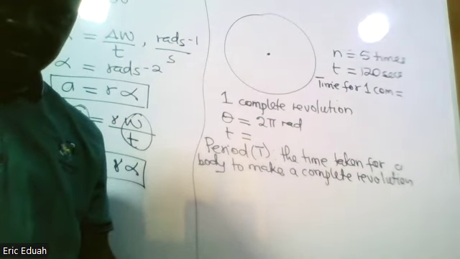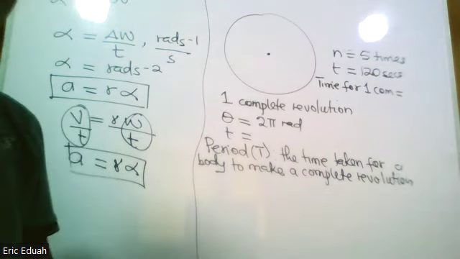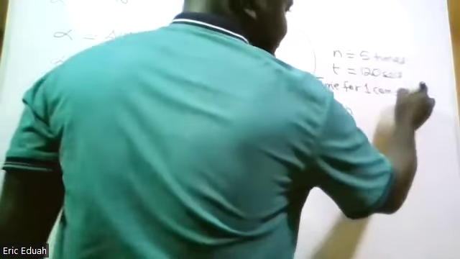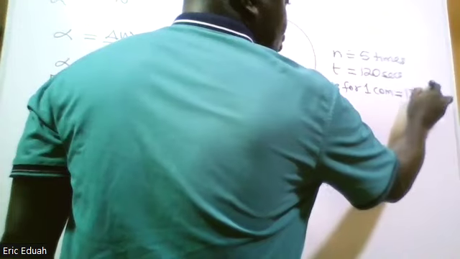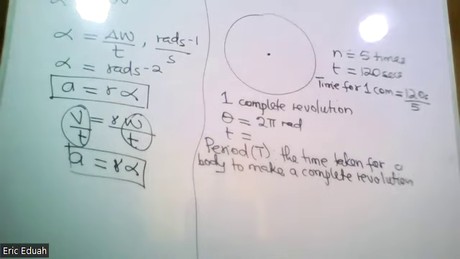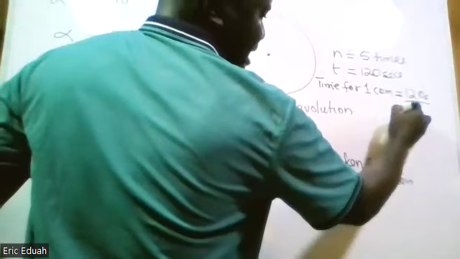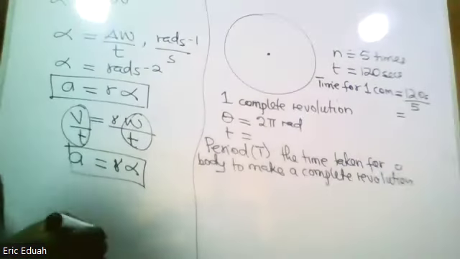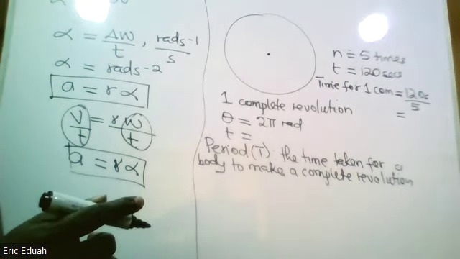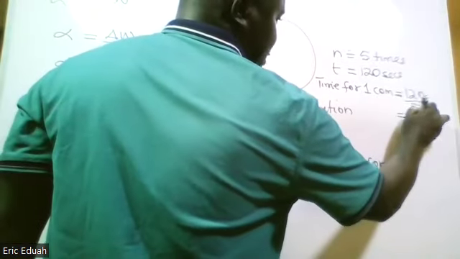Yeah, you divide the 120 seconds by the 5. Exactly. So this will be 120 seconds divided by the number of complete revolutions. And this value would be 24 seconds.